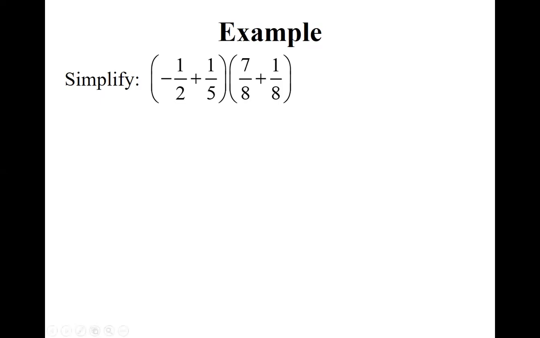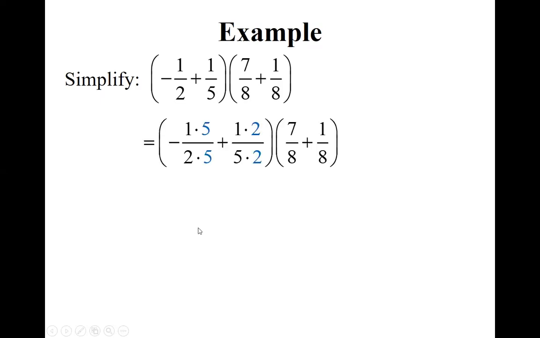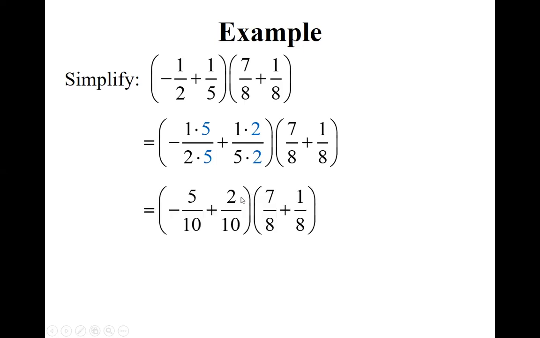That common denominator is going to be 10. To get from 2 to 10, we multiply by 5. To get from 5 to 10, we multiply by 2. So the 1/2 is times 5 over 5. The 1/5 is times 2 over 2. We get -5/10 plus 2/10.